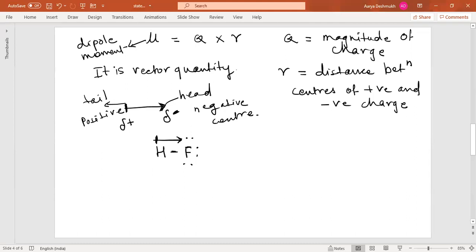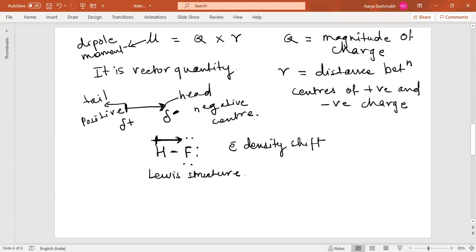This is the cross arrow, placed above the Lewis structure, and it represents an electron density shift. So this arrow shows that the electron density is shifted from hydrogen towards fluorine. This is the Lewis structure of hydrogen fluoride.